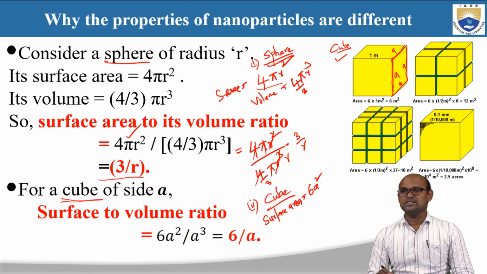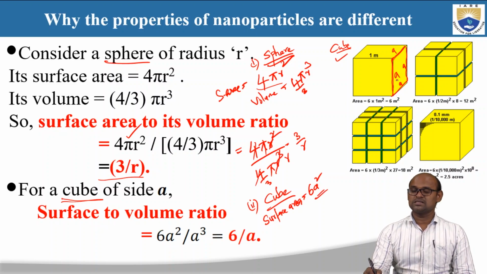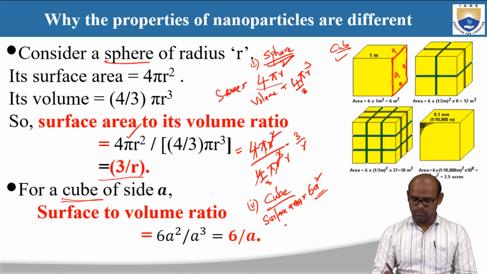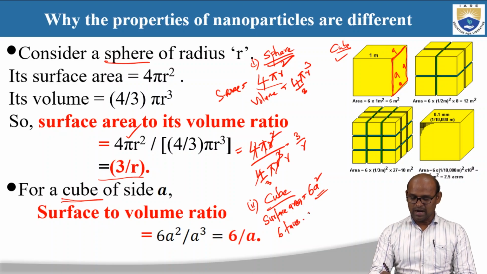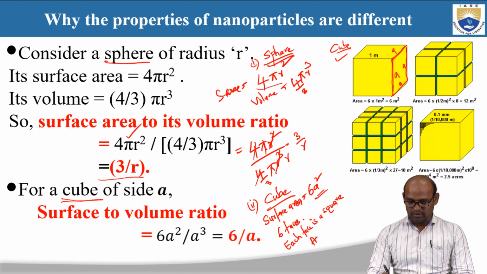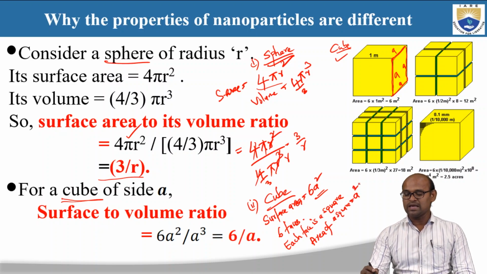The area of a square is a square, if a is the length of each side.